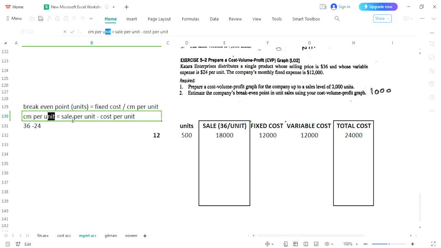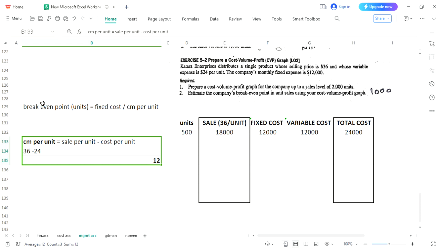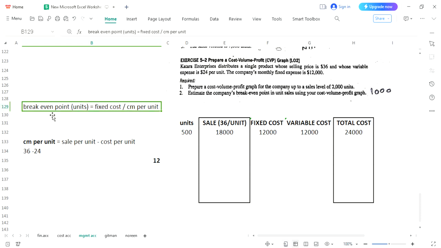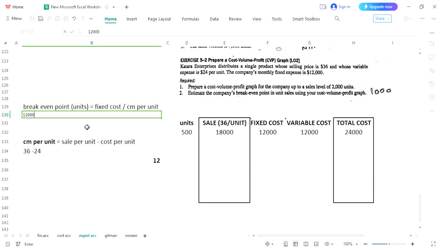Okay. One part of our formula is completed. Here was your formula for the break-even. For that you need fixed cost, and it would be divided by CM per unit. CM per unit we have calculated, and now we are going to apply this formula. Okay, so here fixed cost. Come to the question. 12,000 was the fixed cost. Put 12,000, and it would be divided by CM per unit, and CM per unit we have calculated is 12.